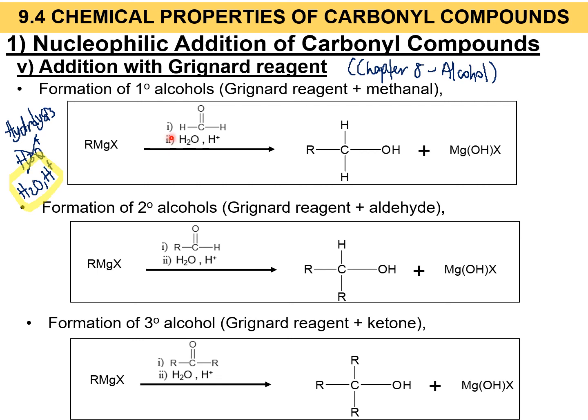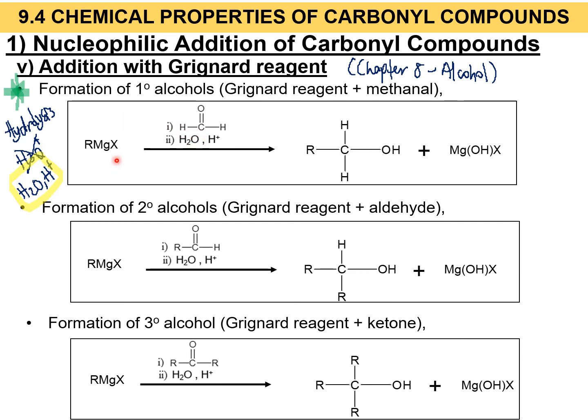And also you need to remember, put the 1 and 2 above the arrow, not below the arrow. This is the updated one. So I hope if you watch my video, you can stay alert on this, and I hope you can correct my slide on Chapter 8 alcohol. Just bring the H2OH+ up above the arrow. If I wrote H3O+, please correct it to H2OH+. But it is the same thing.